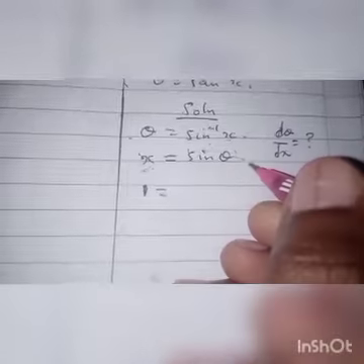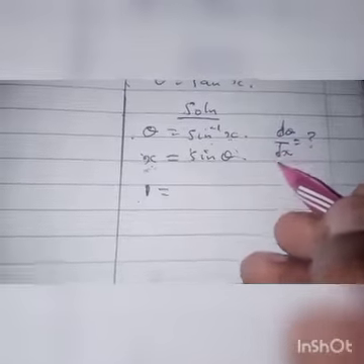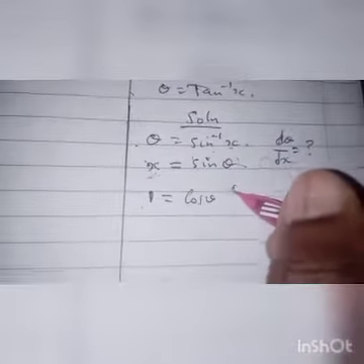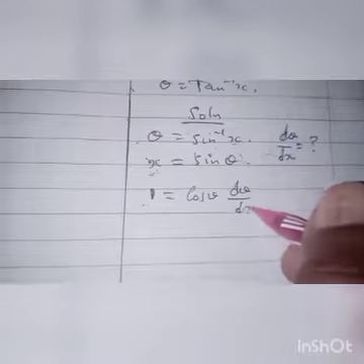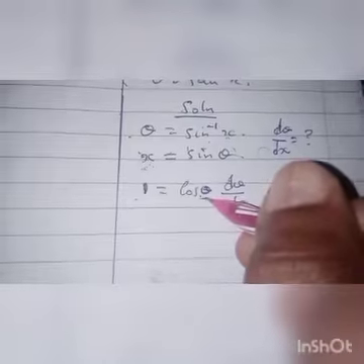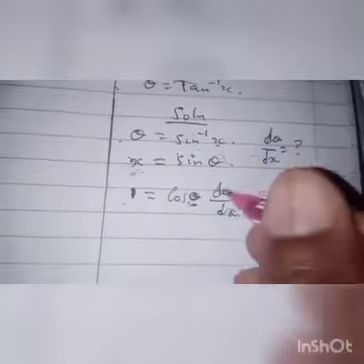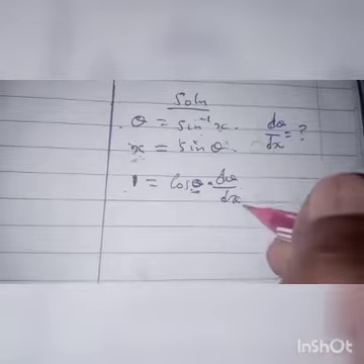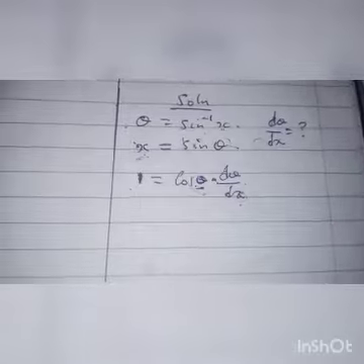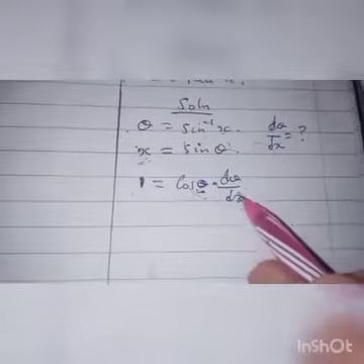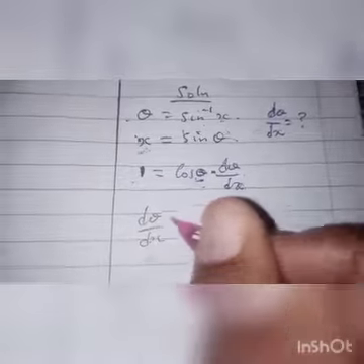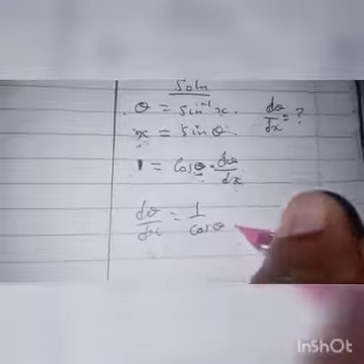Since theta is not x, and we are differentiating in terms of x, it will be just cos theta, but we have to write d theta dx, because this value here is not x but theta. So we retain the d theta dx, showing that we are not differentiating x itself, but we are differentiating in terms of x. So we want our d theta dx now. It will be just d theta dx is 1 over cos theta.